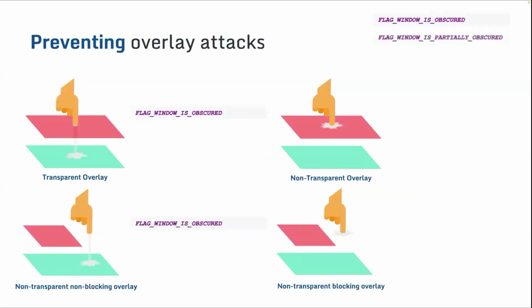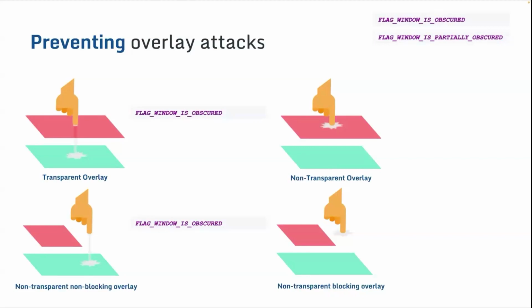And the next improvement was flag window is partially obscured. This allows to detect also what is called partial occlusion. It means that the view is not directly covered by an overlay, but the overlay is there. And even though the occlusion is not full, we can anyway detect that the overlay is there.